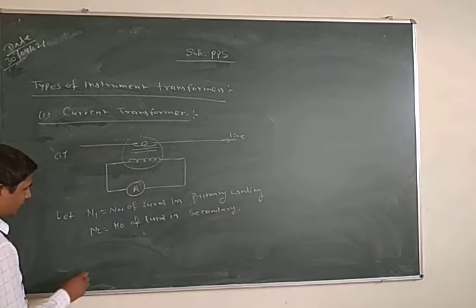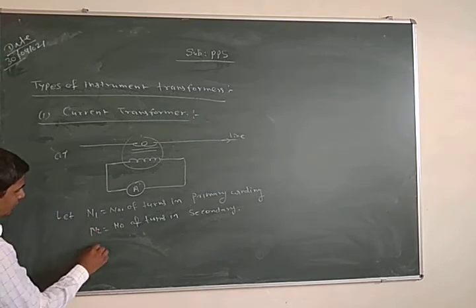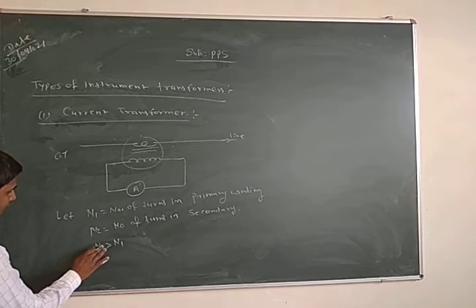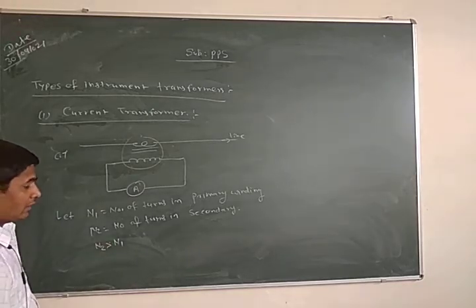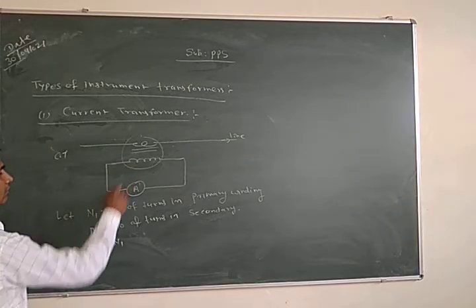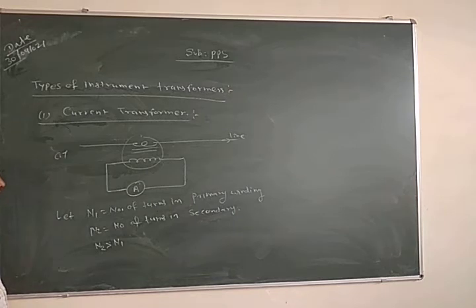So in CT, N2 is greater than N1, means number of turns in secondary winding are more than number of turns in primary winding.